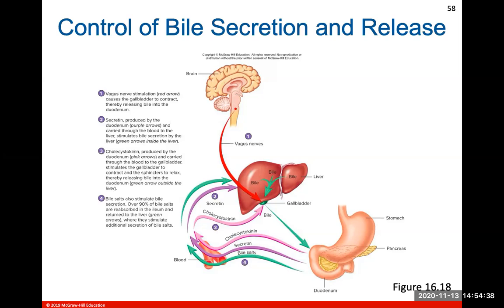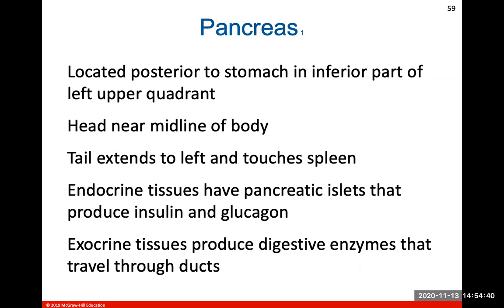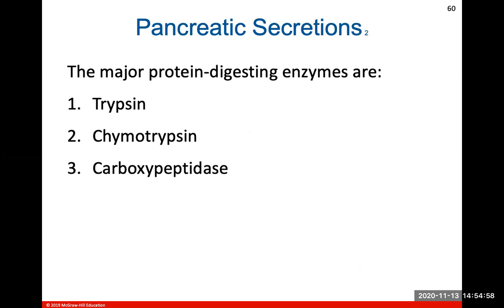The pancreas then is located posterior to your stomach. Its head is near the midline of the body, and its tail extends to the left and touches the spleen. The endocrine tissues of your pancreas have pancreatic islets that produce insulin and glucagon, and the exocrine tissues produce digestive enzymes that travel through the ducts.